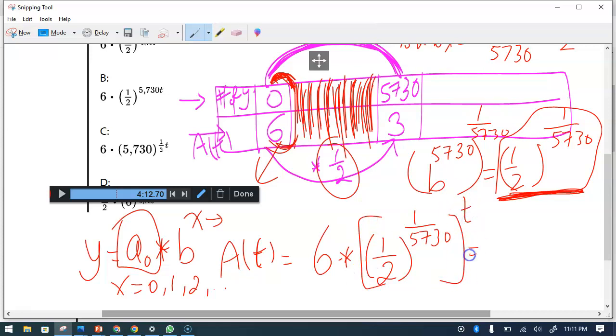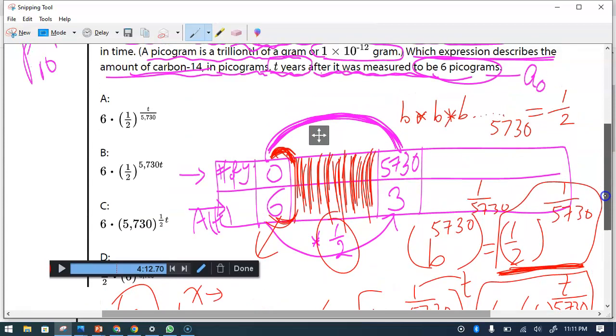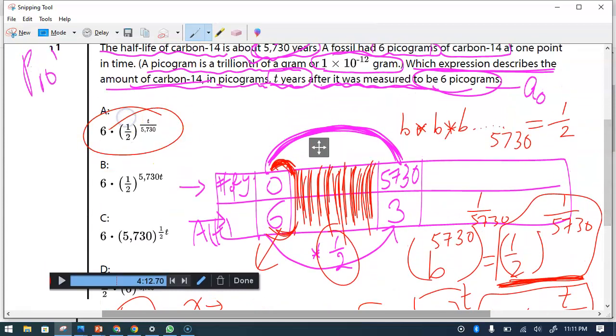That could be written as, this t gets multiplied here, and you get 6 times half raised to t over 5,730. And that's the expression. You see the answer is the first one.